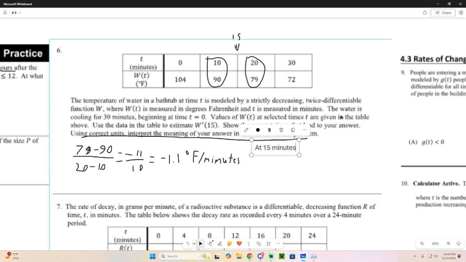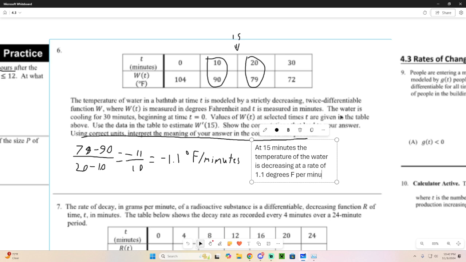Okay, so at 15 minutes, the temperature of the water is decreasing at a rate of 1.1 degrees Fahrenheit per minute. And that's a good answer.